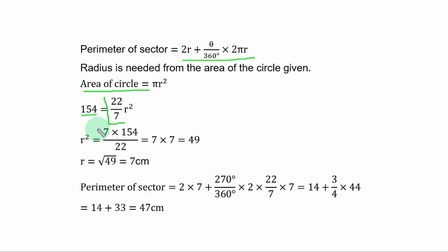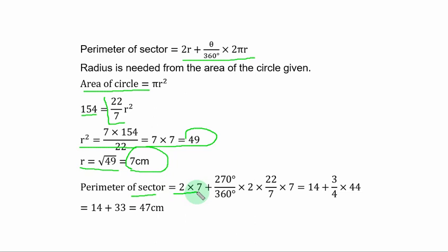Divide through by 22. R squared is equal to this, which simplifies to 7 times 7 equals 49. To get r from r squared, you take the square root of both sides. So r is 7 centimeters.